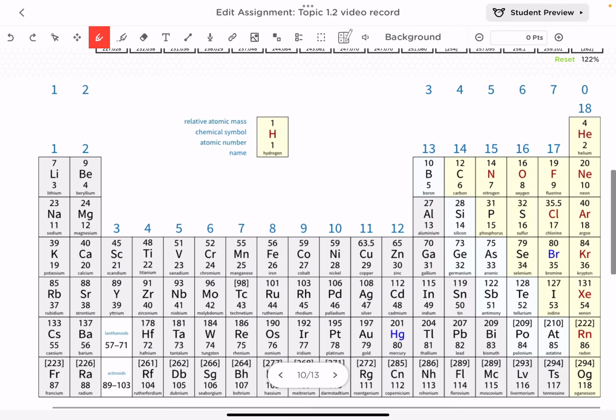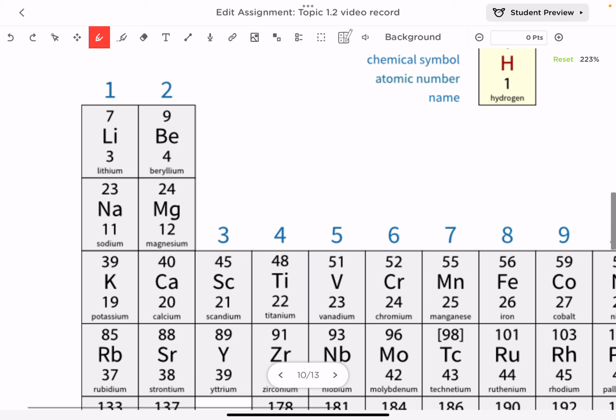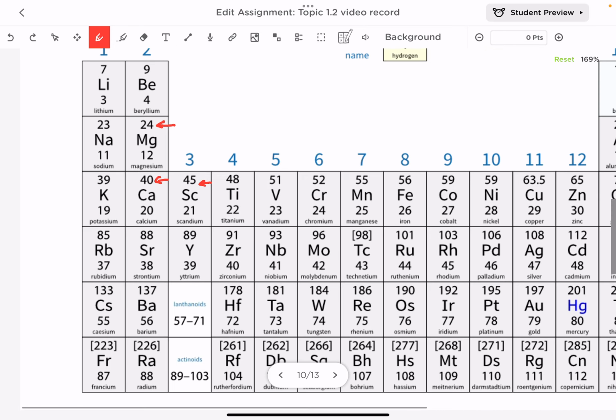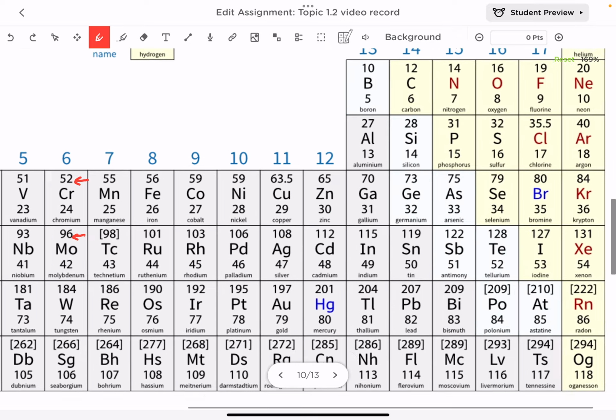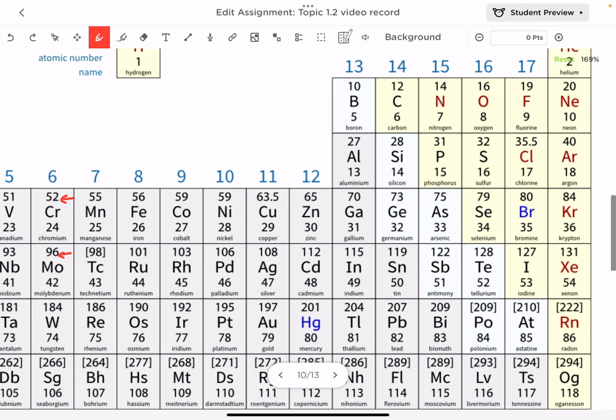Whereas in some other periodic tables, you will find a mass number, which we can also use as the molar mass, but it's written above the symbol of the atom.